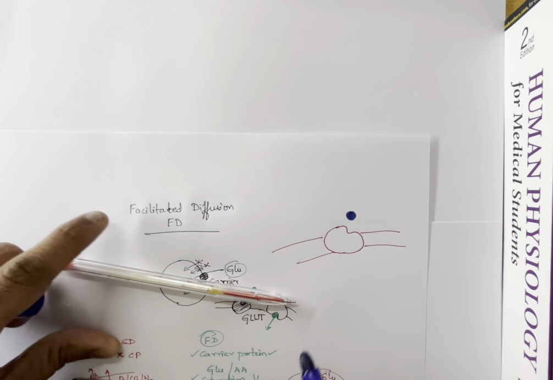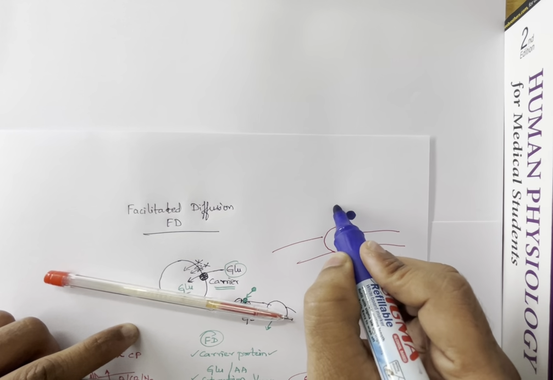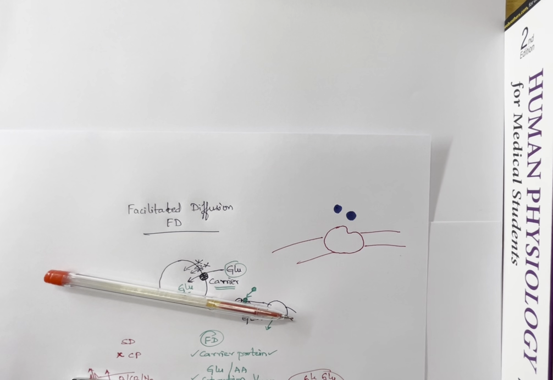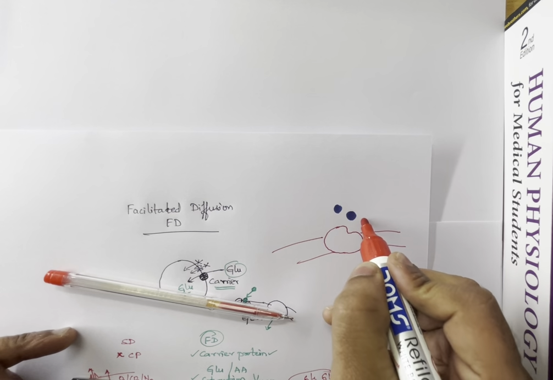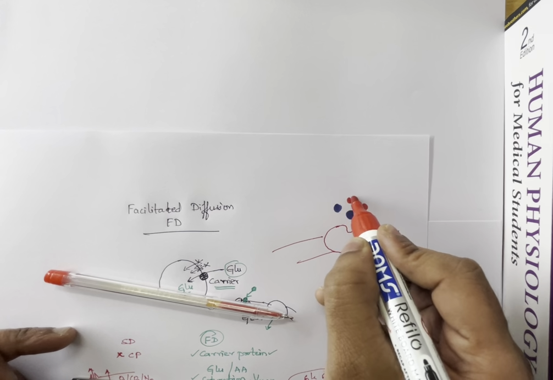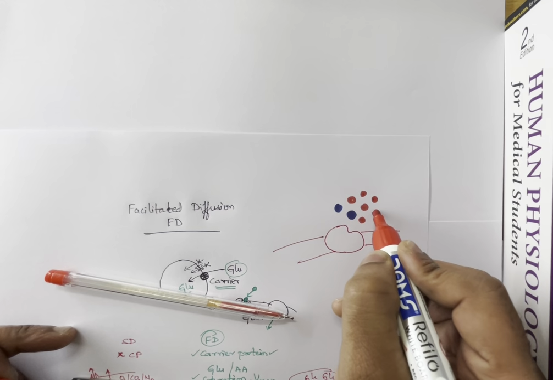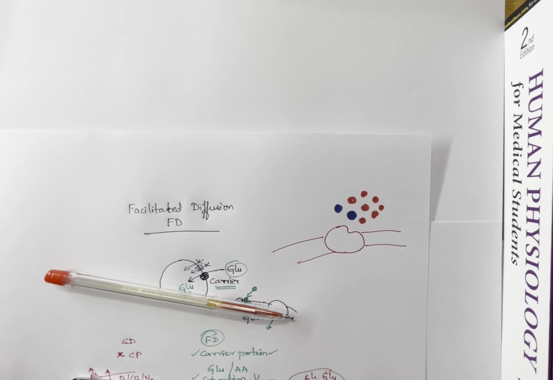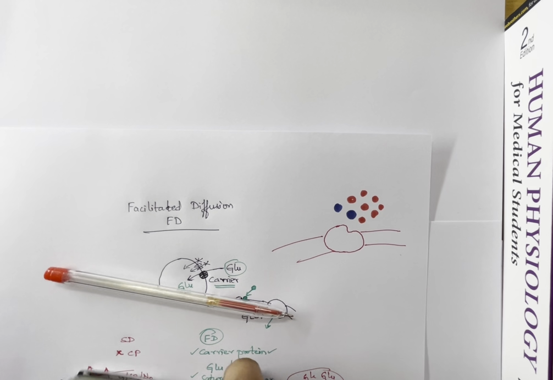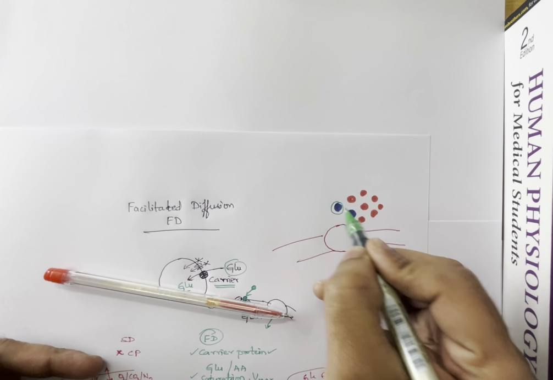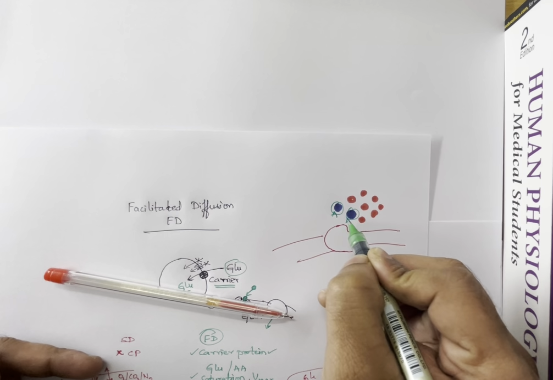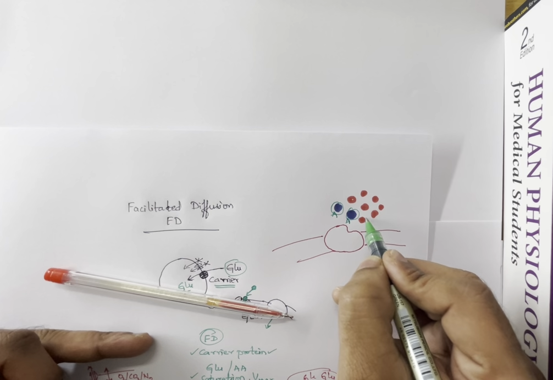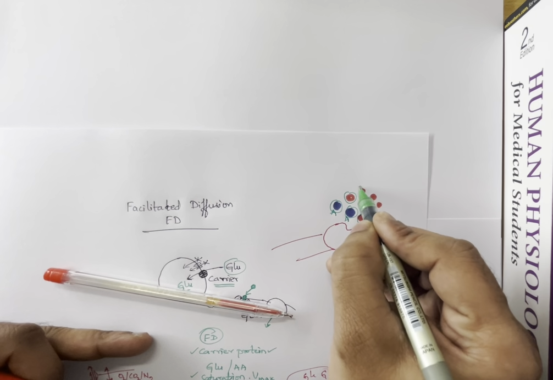Now consider this carrier has to transport a substance A. There are a few substances A. If one more substance with the same structure is there, the increased concentration of substance B will affect the transport of substance A. Consider these are all A. Transport of substance A will be affected because of the increase in concentration of substance B, and they will compete.